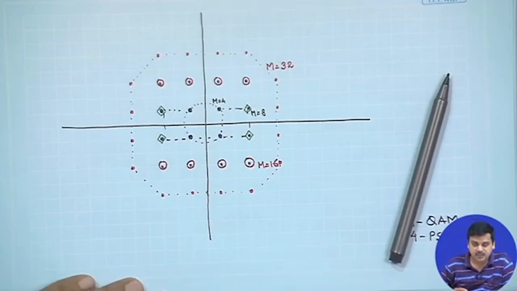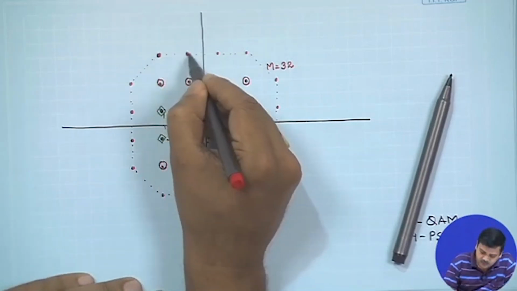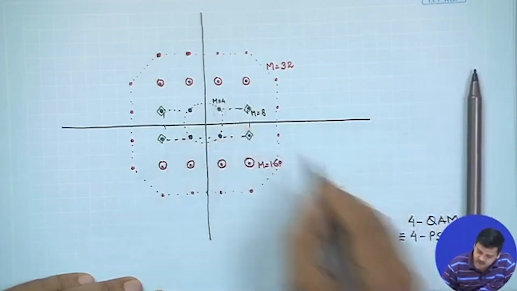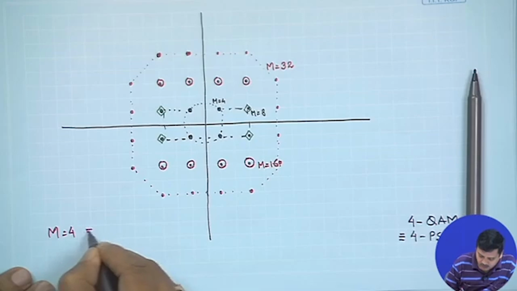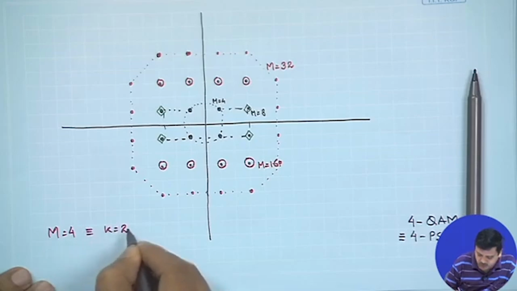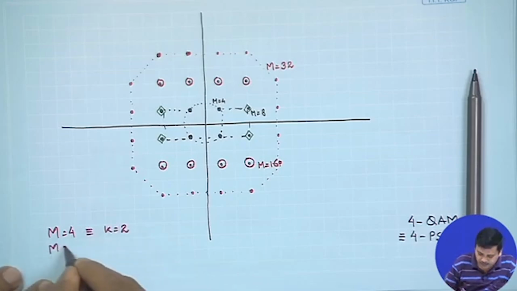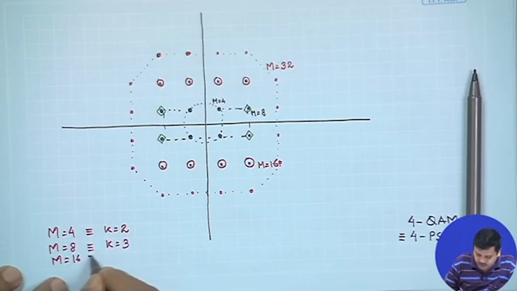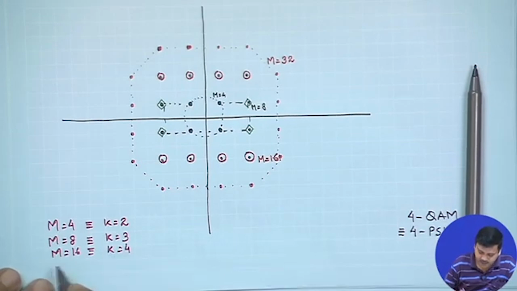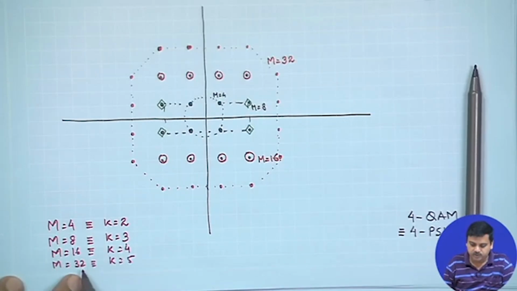So, again you can see clearly that we have been able to extend this. m equals 4 implies k equals 2 bits, m equals 8 implies k equals 3 bits, m equals 16 implies k equals 4 bits, and m equals 32 implies k equals 5 bits, because 32 is 2 to the power of 5.